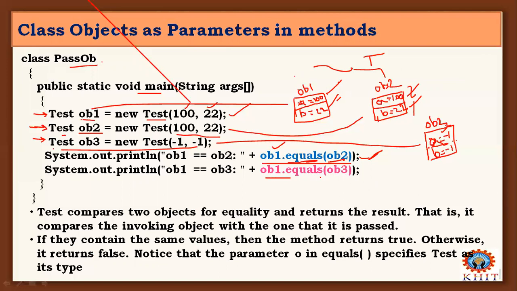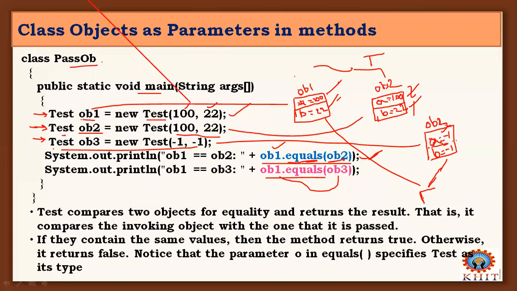And what about this statement, ob1 dot equals ob3? Object 3 is passed as a parameter and ob1 calls the equals method. So both objects' instance variables are compared here. ob1 contains 100 and 22, and ob3 contains -1 and -1.